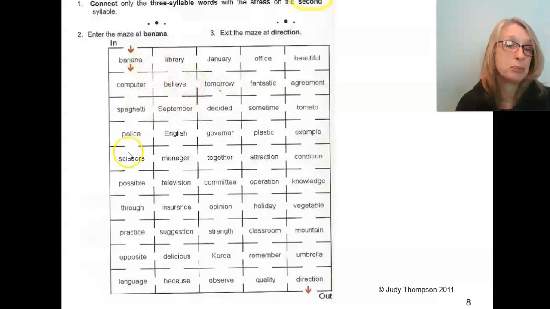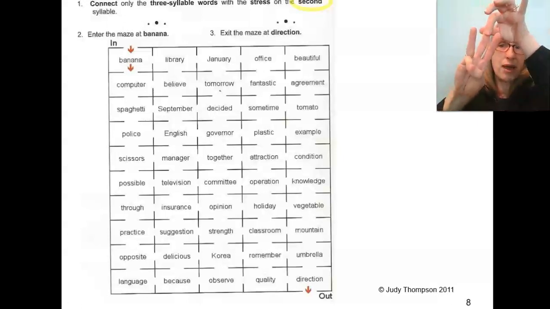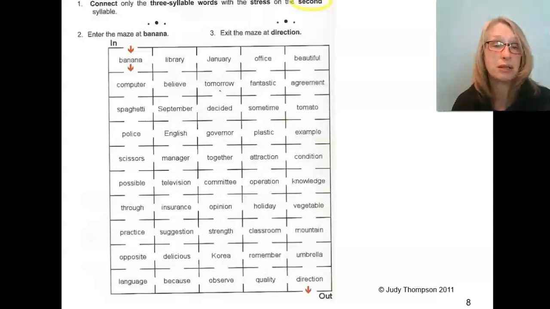So believe and police, those are 2-syllable words. We're not going to be using those. We're only looking for 3-syllable words where the stress is on that middle syllable, the second syllable. So banana, computer, spaghetti, September.